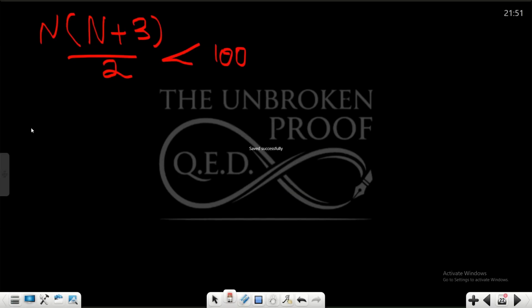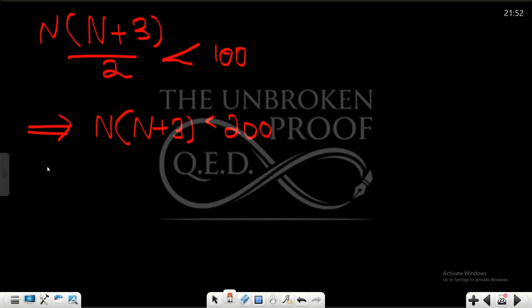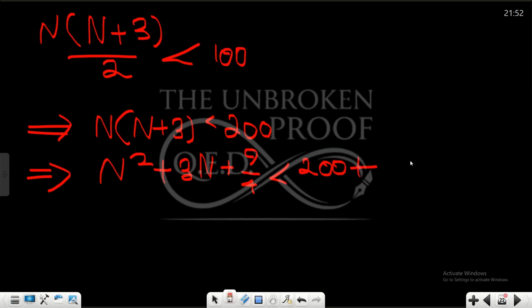Then if we place these 2 over the RHS, then we will get n into n plus 3 is less than 200. If I multiply this, we'll get n square plus 3n, and if I complete the whole square, you'll get 9 by 4, and this should be less than 200 plus 9 by 4.